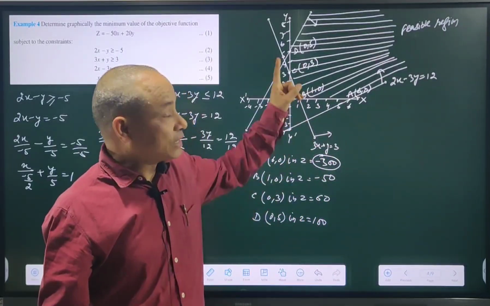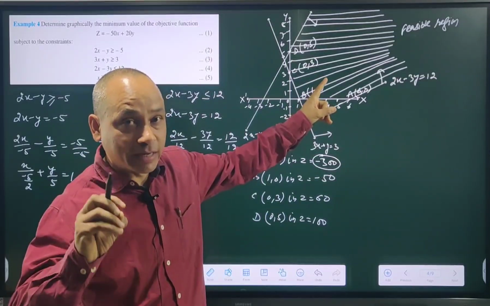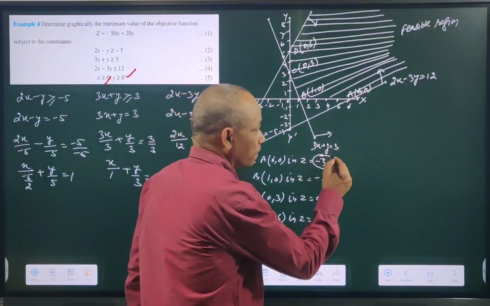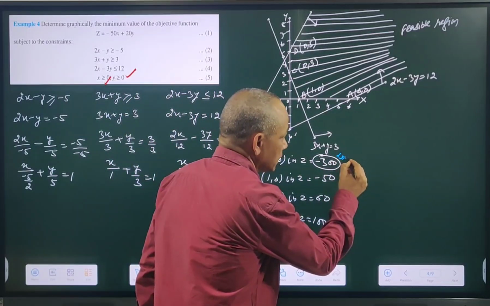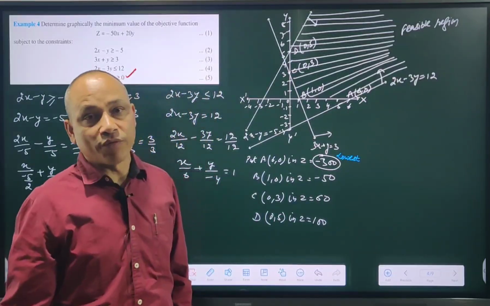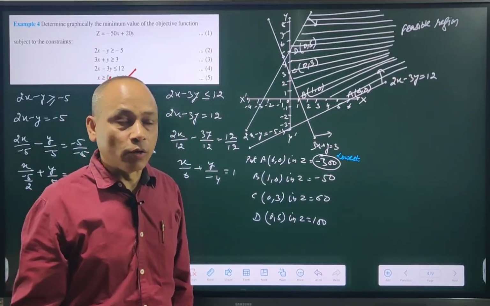But if the region is unbounded, you have to pay attention to what I am going to tell you now. This lowest value may or may not be the minimum value of Z.